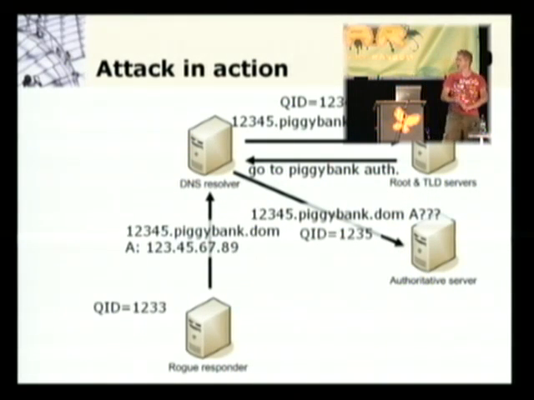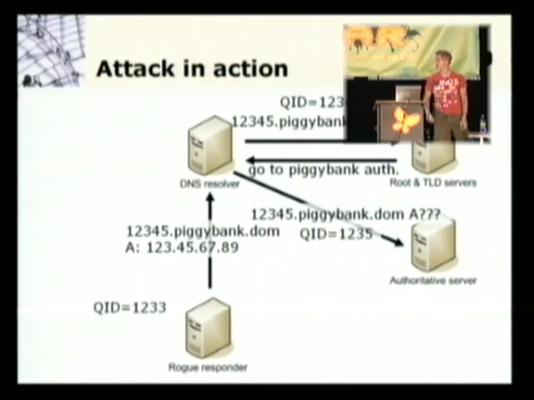Now, at the same time, the rogue responder will be sending lots of UDP packets to the DNS resolver, supplying answers to the query that it actually sent to the resolver. So it's going to say, I know the answer for the question that you've just asked. 12345.piggybank.domain can be found at this and this address. And it will put a query ID in there.